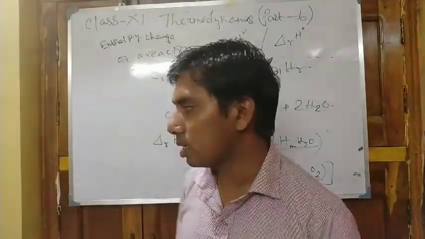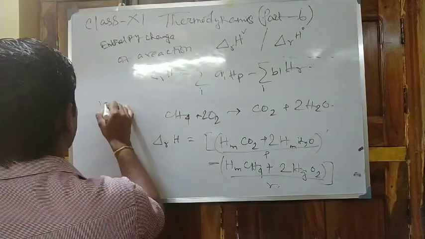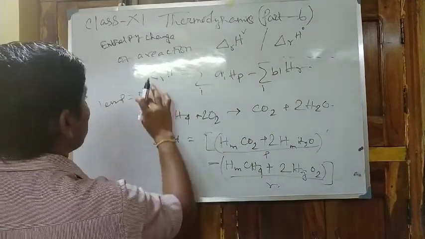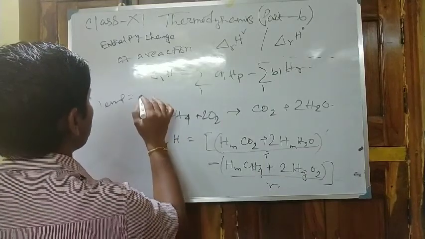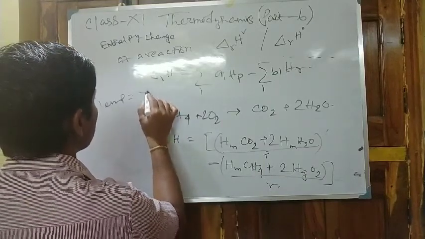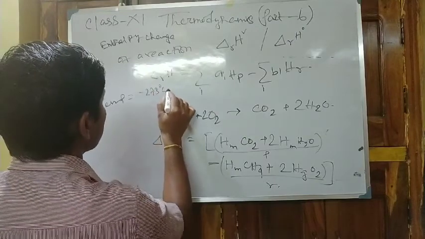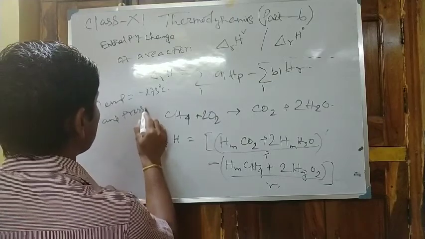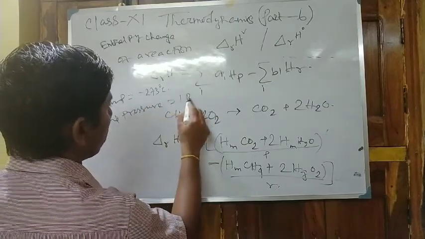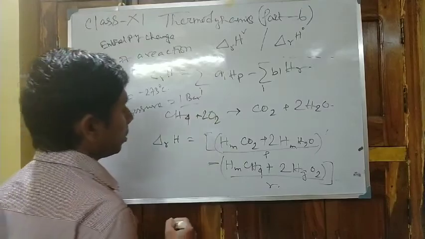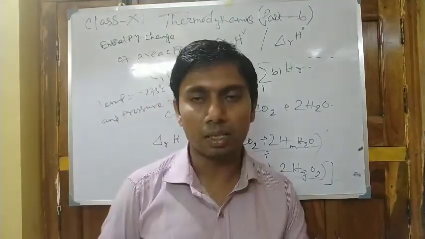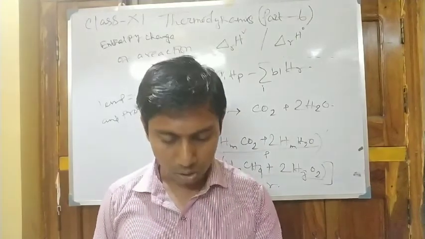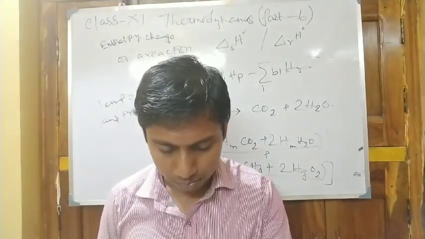The condition is that temperature is equal to 0 Kelvin, that is minus 273 degrees centigrade, and pressure is equal to 1 bar, that means atmospheric pressure. It is the ideal condition of standardization.